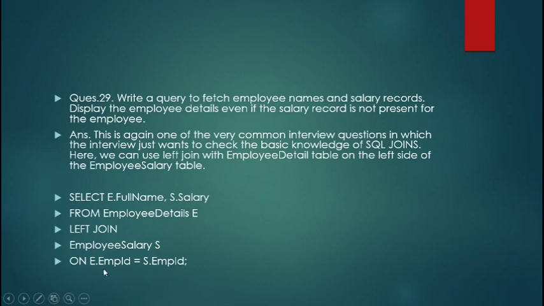We are using the common column in both tables, the employee ID present in the employee details table and the employee ID present in the employee salary table. In this way you will be able to find those records.